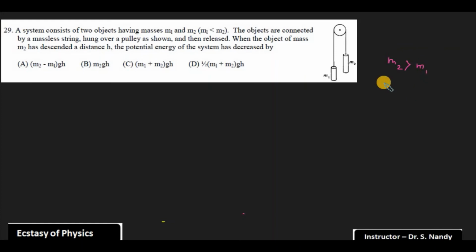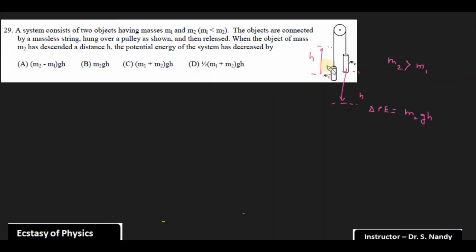m2 is the higher mass than m1, due to which m2 is going to come down by a distance h. Similarly, m1 is going to ascend by the same distance h. Since m2 comes down, there will be a change in potential energy for m2, that is m2 g h, which is a loss in potential energy.